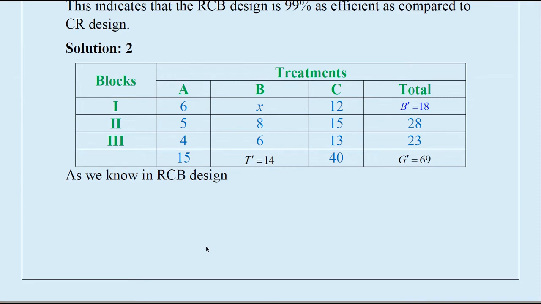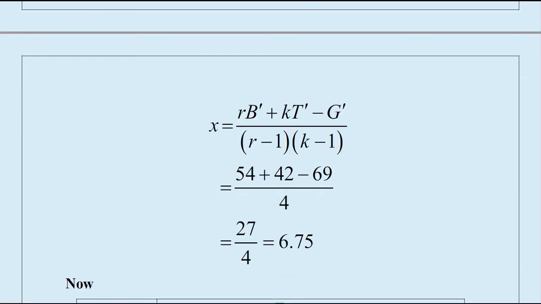Now we want to calculate randomized complete block design. For obtaining missing observation in randomized complete block design, the formula to be used is X is equal to [RB prime plus KT prime minus G prime] over [R minus 1 into K minus 1].